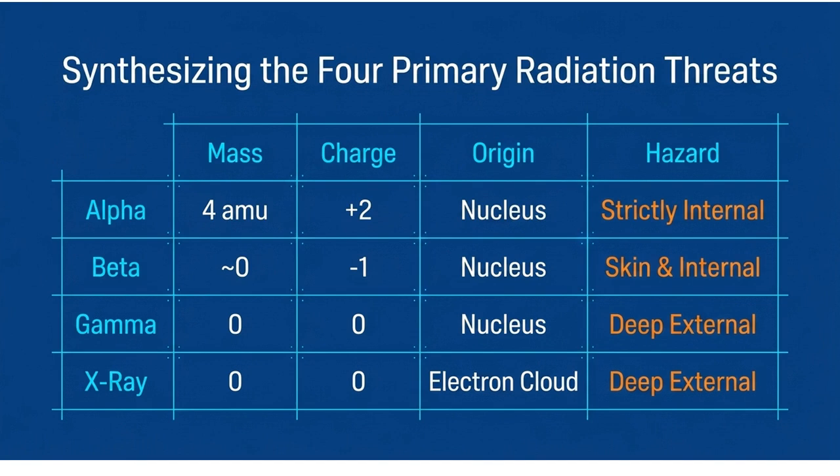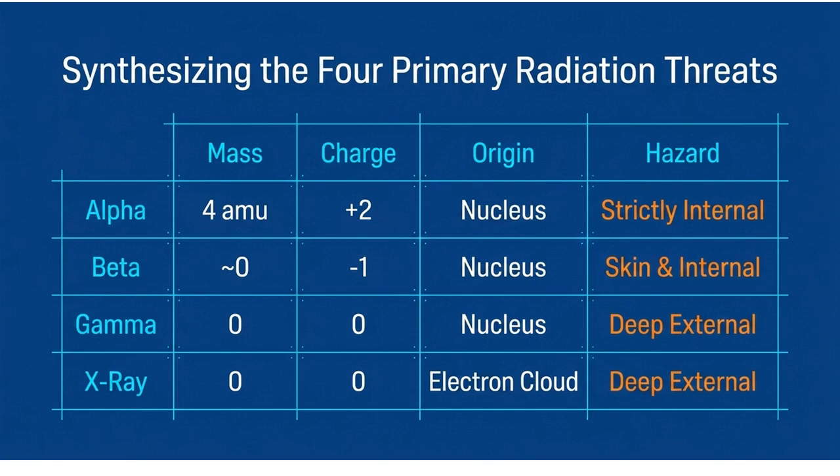Synthesizing the four primary radiation threats. This table summarizes our primary threats. Alpha is heavy, has +2 charge, originates in the nucleus, and is a strictly internal hazard.